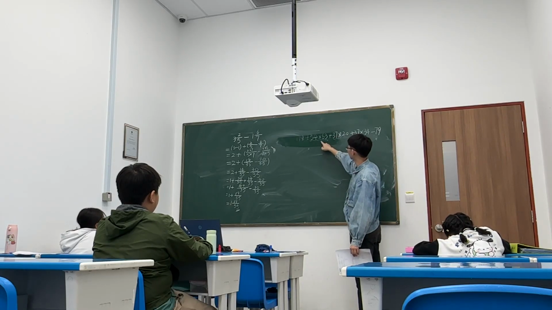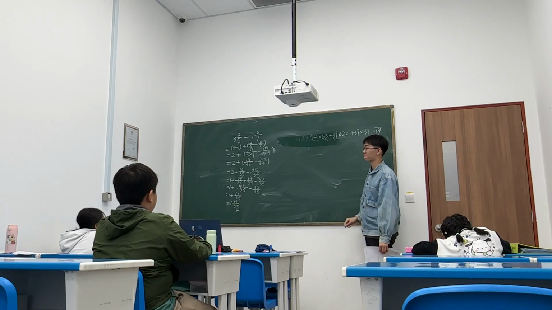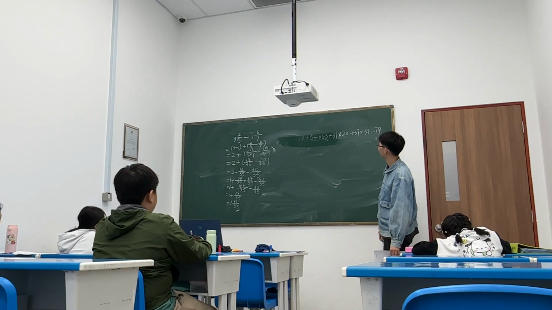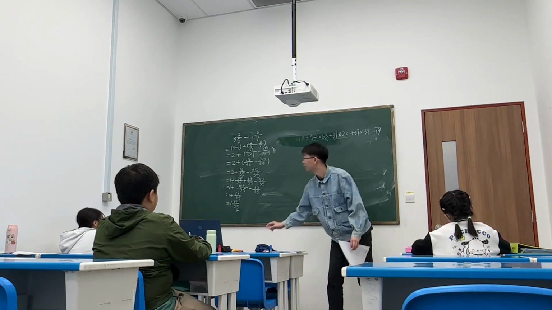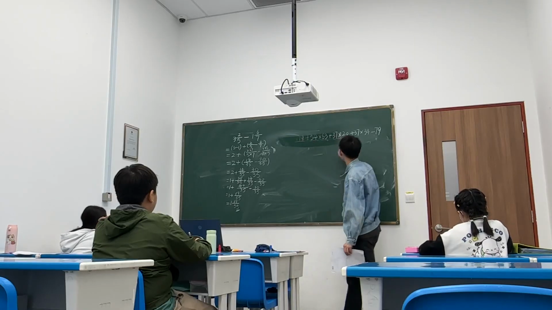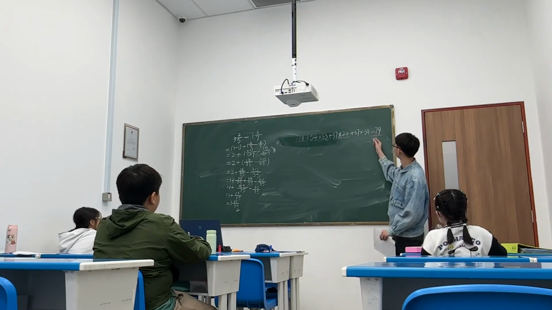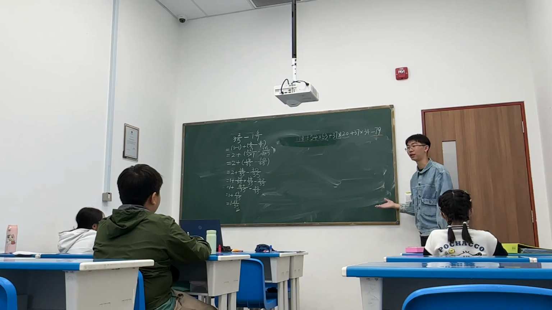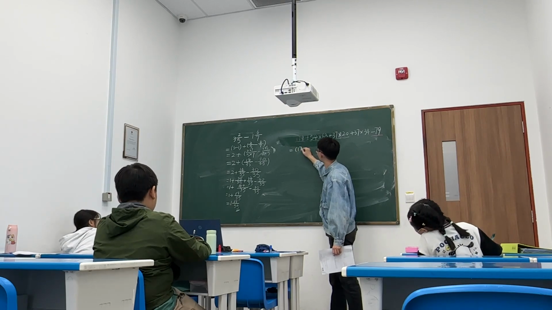So this has a higher priority, so you can't add these two up. Then how about 179 and the last one, minus 79? These two, because they are doing subtraction, we can put them together. So we can first move these two numbers together.